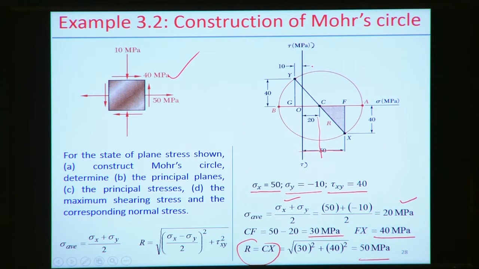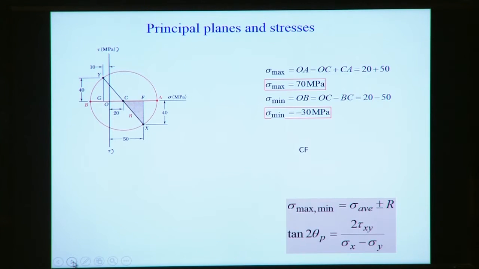From there we can find the radius R, Cx, equal to 50 megapascal, and then we construct the circle. Then you can find the maximum and minimum principal stresses in this case. The maximum value is basically OA, calculated as 70 megapascal, and the minimum is OB, which is, I think, minus 30 megapascal.